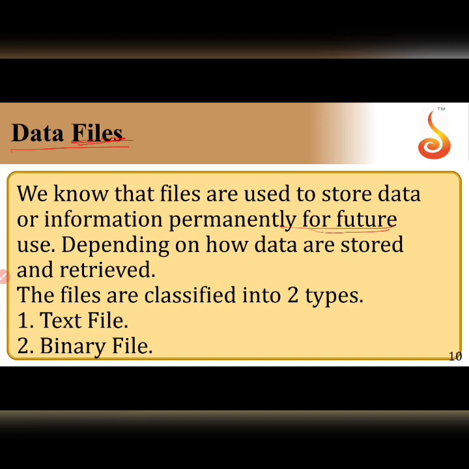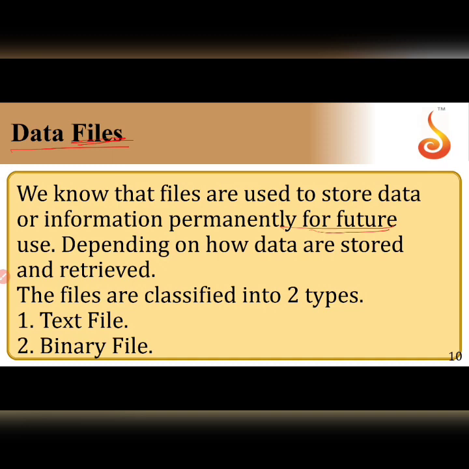Or I can say a file is one which stores data pertaining to a specific application for later use in a storage device. So, when I say storage device, can we name some storage devices?